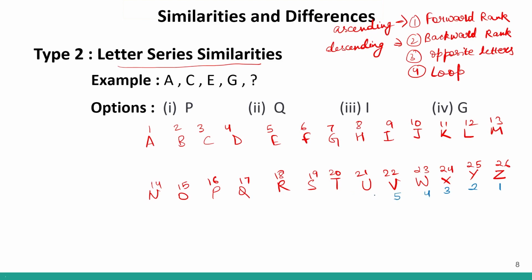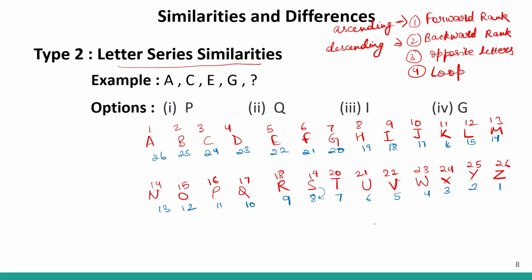Similarly, I'll do it for each and every letter, up to 26. So if I give them numbers in a descending order, it is called a backward rank. So the backward rank of B is 25. Similarly, the backward rank of S is 8.